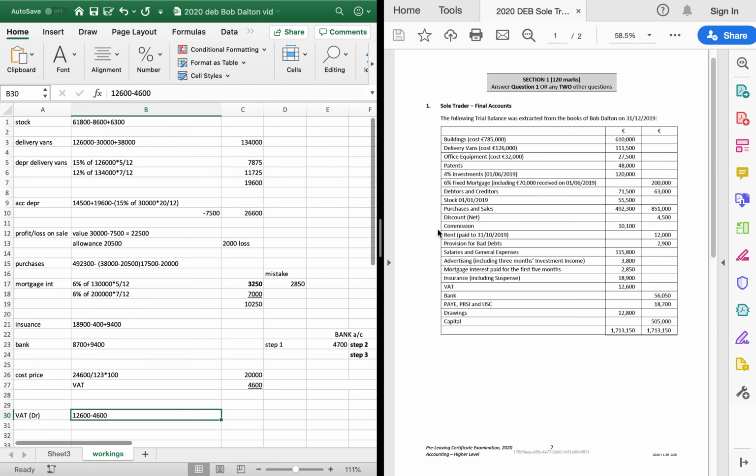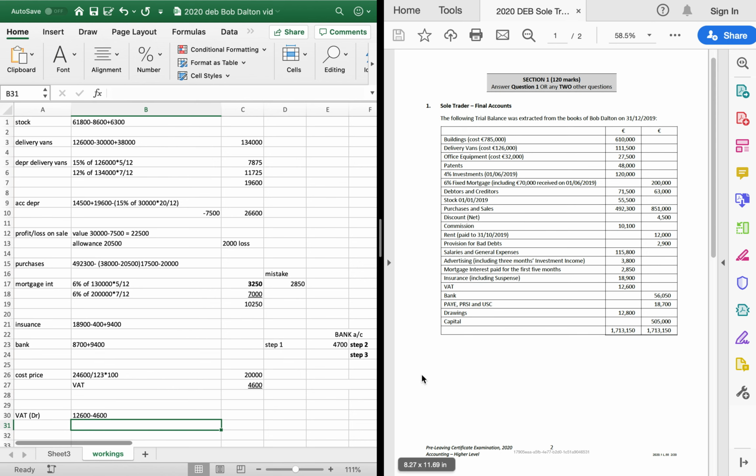So just with that, be careful. You're crediting purchases. So to reduce purchases debit side. So to reduce it, you're crediting it. So if there's VAT, you also credit VAT as well. So if you credit purchases, you credit VAT. It's one little thing to be careful of. Okay, so VAT has to go down by the 4600.